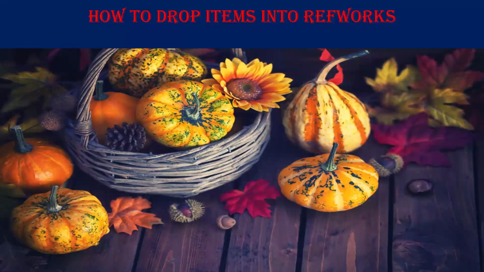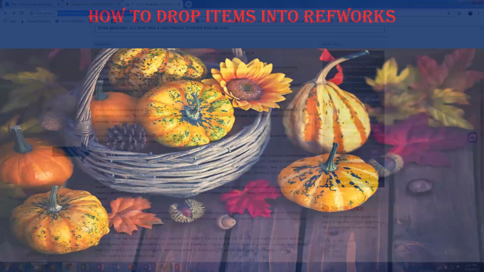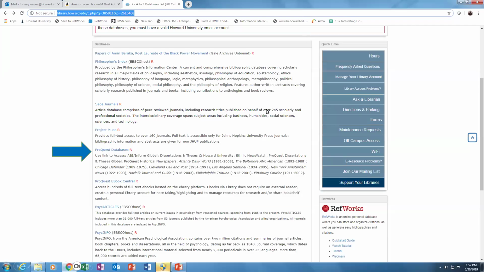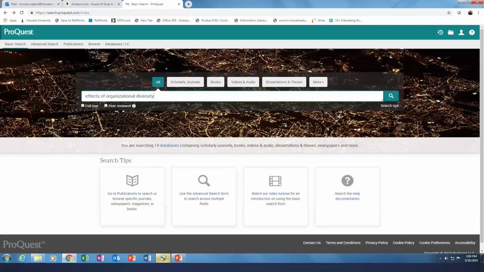How do I drop items into RefWorks? You can use any database. I'm going to use ProQuest since it is a ProQuest product. Click on ProQuest database. Choose your subject.